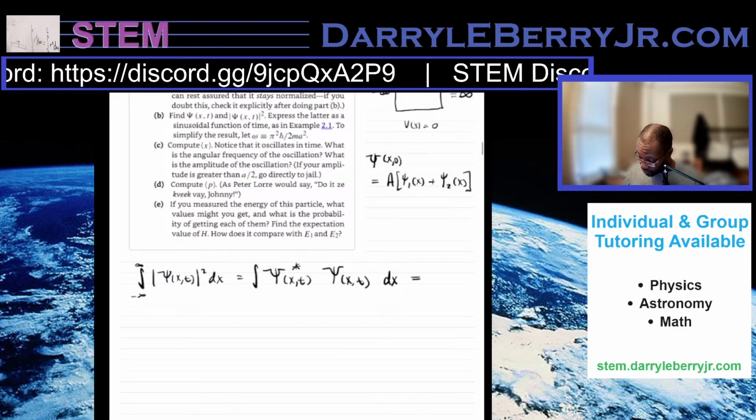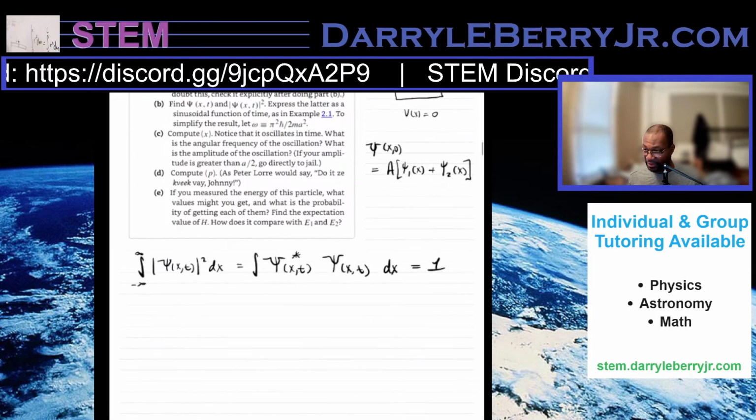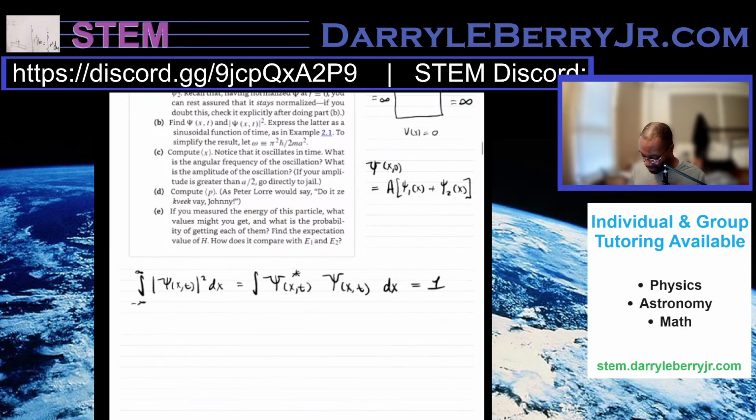And we know that this equals 1. That means that it's normalized so that you have a 100% probability of finding a particle somewhere.